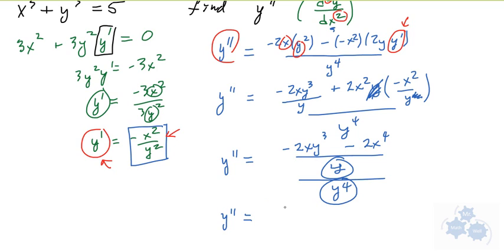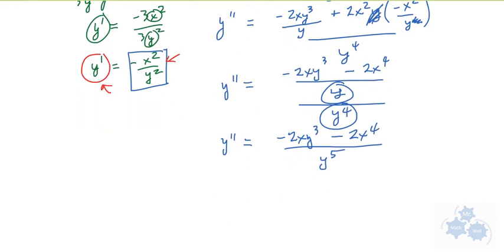So let's do that one step at a time here. Let's rewrite this up top. Yeah, we're going to factor that in a minute. But this is going to be over y to the fifth, okay? Almost there. Take out a negative 2x. And I'm left with what? y cubed, sorry, plus x cubed all over y to the fifth.